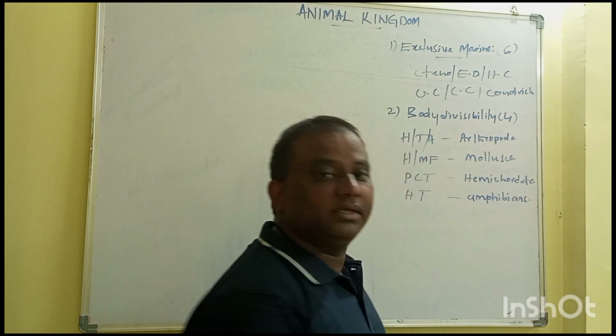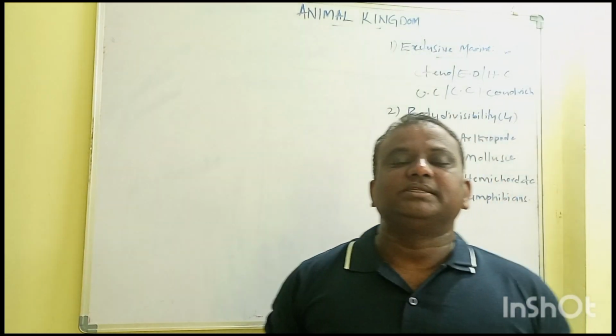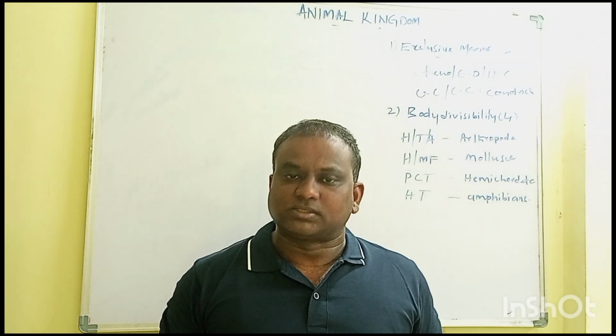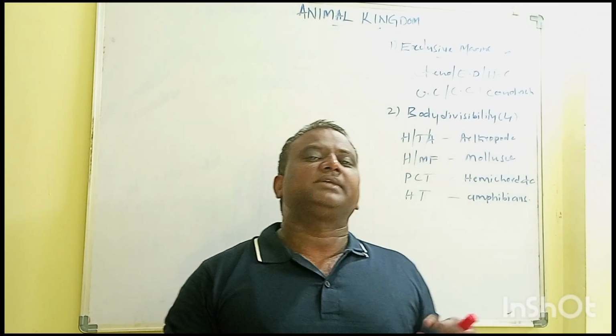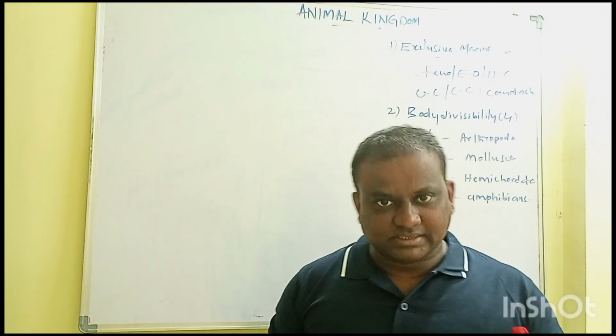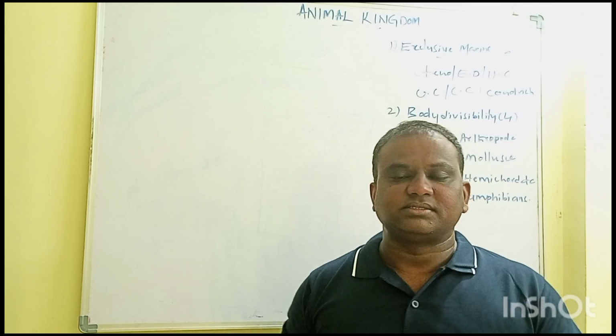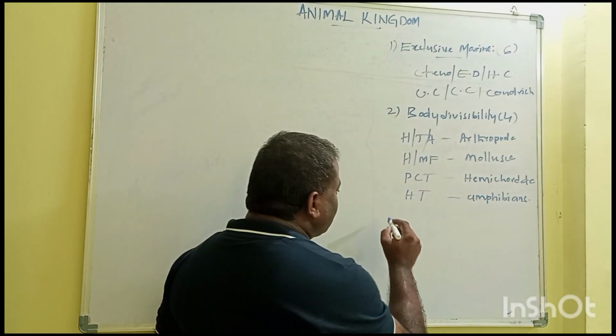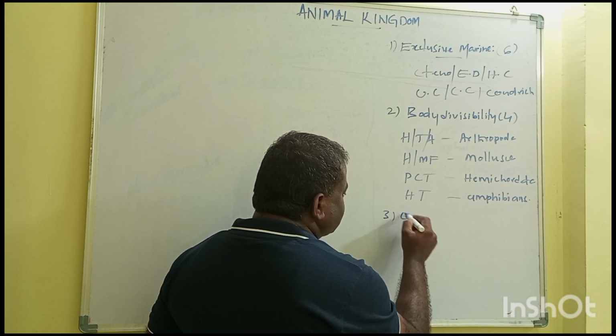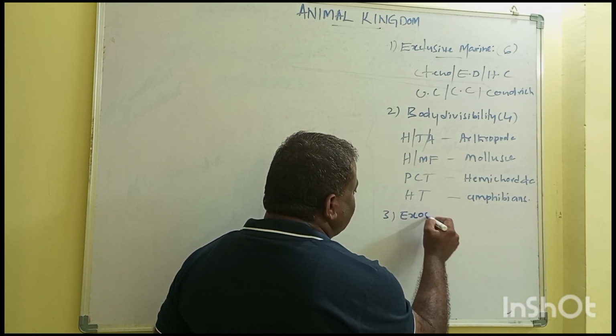Let us go to the next important point. It is all about exoskeleton and endoskeleton. There are certain groups of animals that have a skeleton on the outside of the body or inside the body.